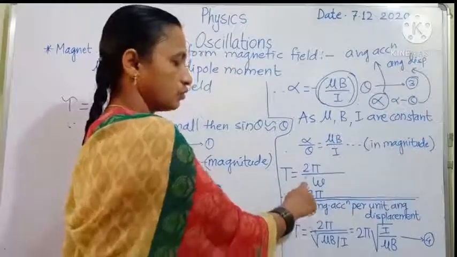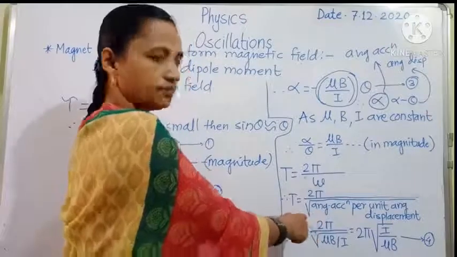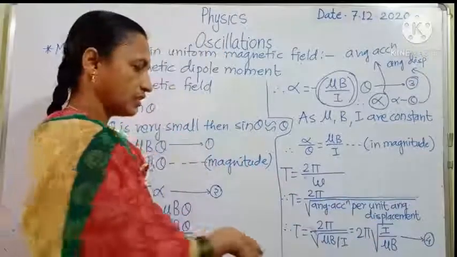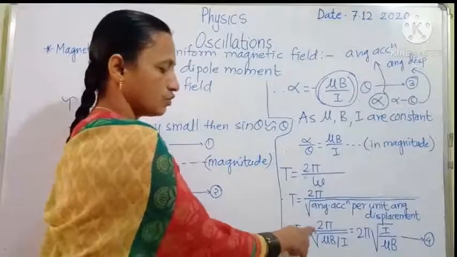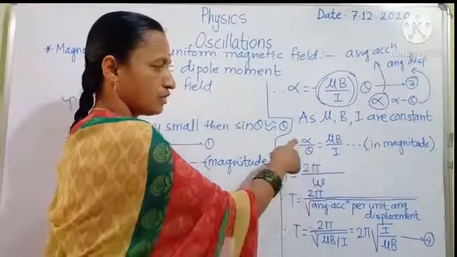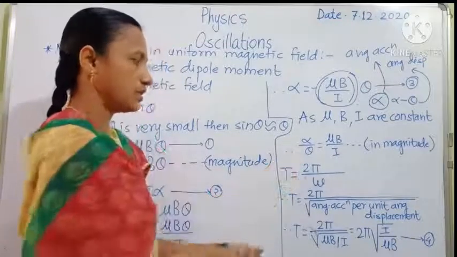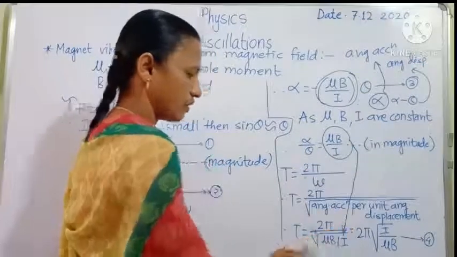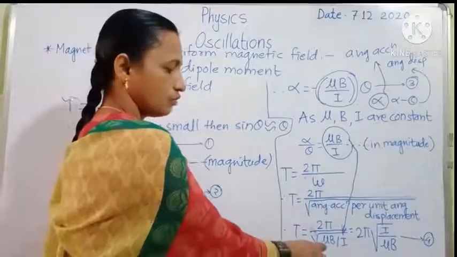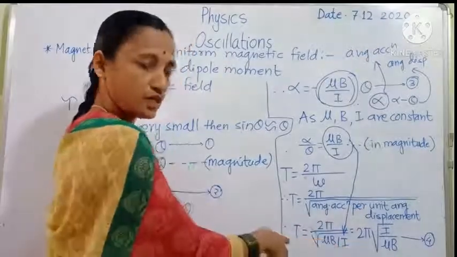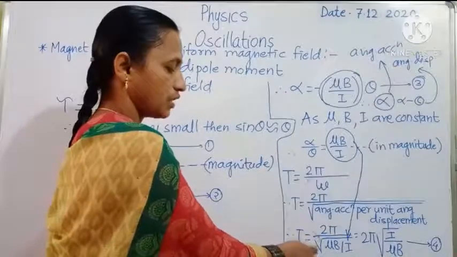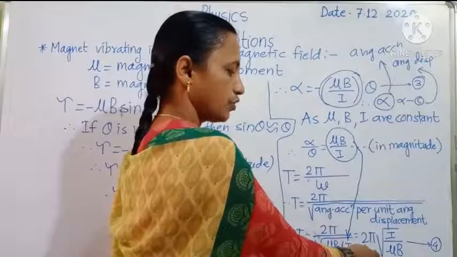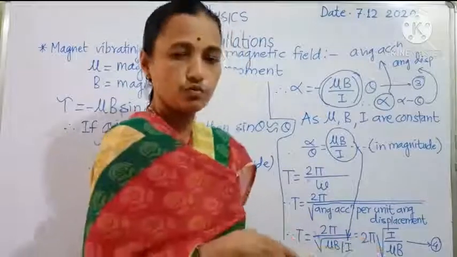Here omega is the square root of the angular acceleration per unit angular displacement, that is the root of mu b upon I. Hence T is equal to 2 pi upon the root of mu b upon I, that is equal to 2 pi times the root of I upon mu b.